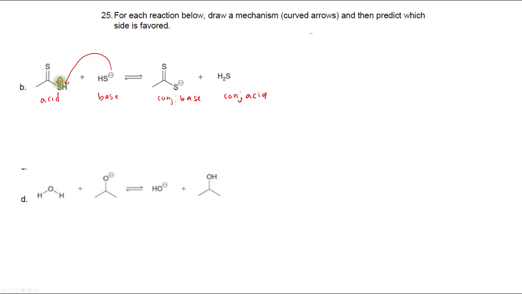The side that is going to be favored, if I compare the pKa's, I don't know that I can because I don't remember seeing pKa for H2S or SH here. So I'm going to go with the ARIO method and look at which one is our bases. I'm going to compare my base of the S minus versus the S minus over here.